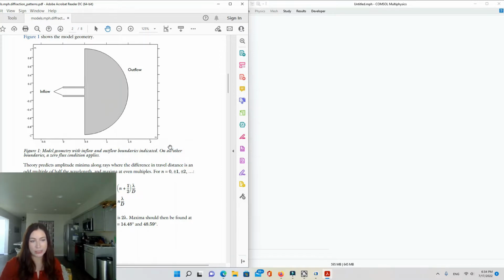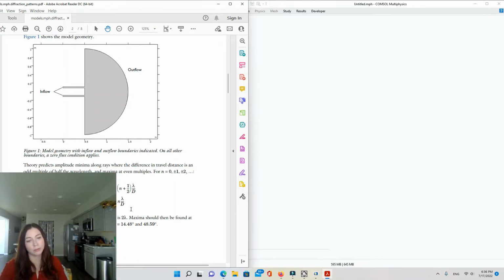So the theory predicts amplitude minima along rays where the difference in travel distance is an odd multiple of half the wavelength, and maxima at even multiples, for n equals 0, plus or minus 1, plus or minus 2, etc. Theory says that the minimum happens at sine theta equals (n plus 1/2) lambda over d, where lambda is the wavelength and d is the distance between the two slits.